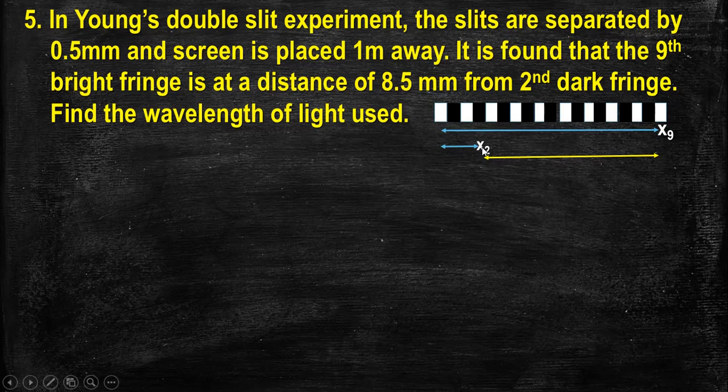If you subtract the distance of the second dark fringe from the distance of the ninth bright fringe, that is X9 minus X2, it gives this distance.